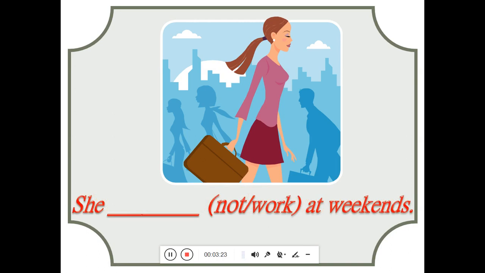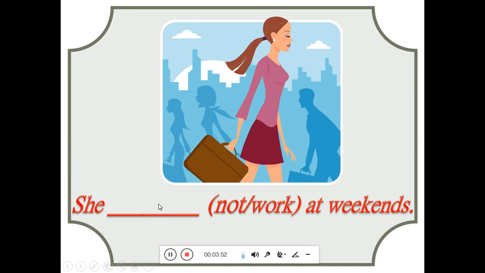She doesn't work at weekends. Again, we start first with the key word here, which is at weekends. At weekends, of course, every weekend with S here, because we are talking about every weekend. Present simple. So how can we conjugate the verb work in the negative in the present simple?